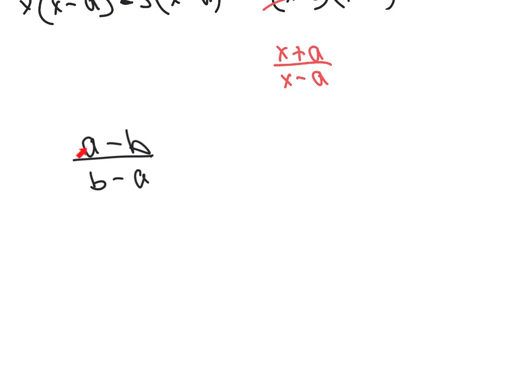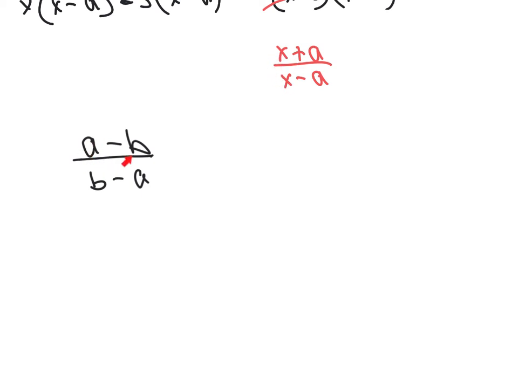This one has a positive a and a negative a. This has a negative b and a positive b. So notice that both the letters, a's and b's, are opposites. When that's the case, you can finagle this around in order to cancel. Up above you can't because those two x's are not opposite.